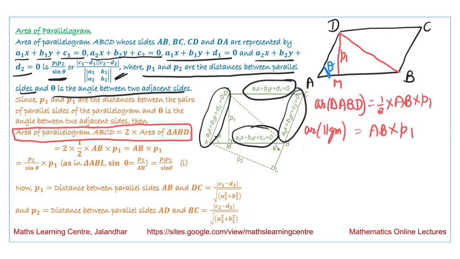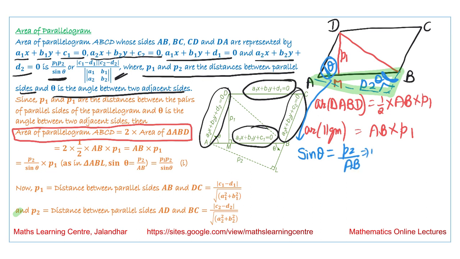Now in this triangle, if this angle is theta, then the value of sine theta we calculate using the perpendicular over here. This is the perpendicular of length P2. We are talking about this triangle now. In this triangle, this angle is theta, and this angle is also equal to theta. So from this triangle, we calculate the value of sine theta, and we obtain that sine theta is equal to P2 over AB.